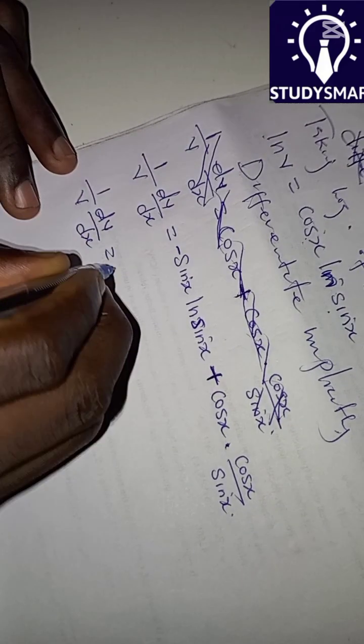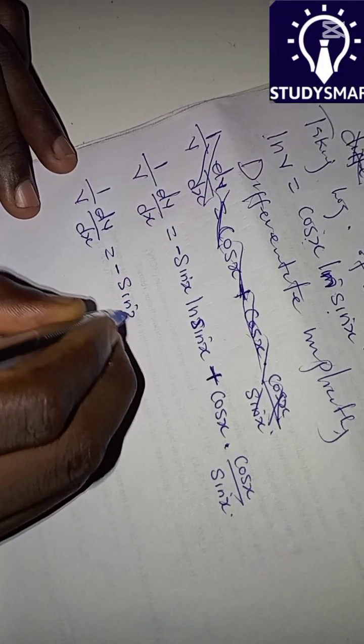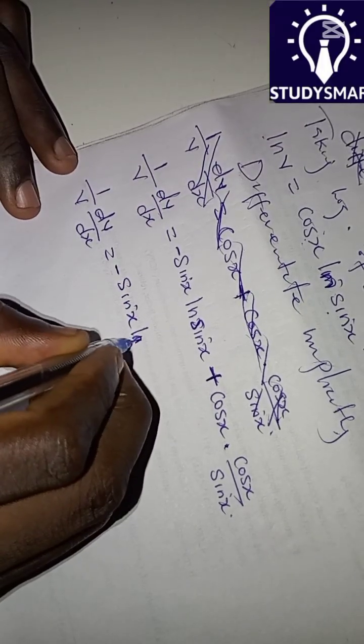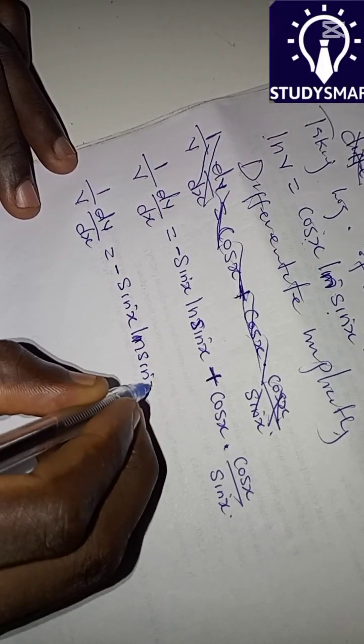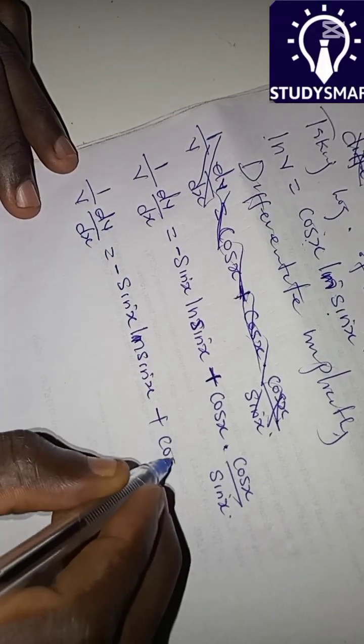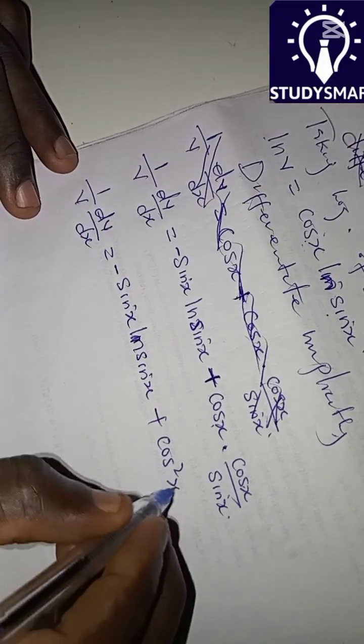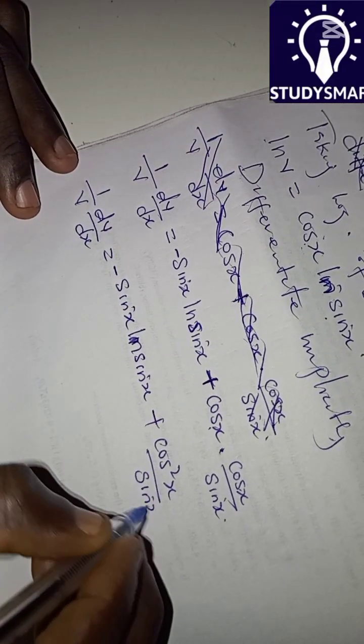So 1 over v dv dx will be minus sin x ln sin x plus cos squared x over sin x.